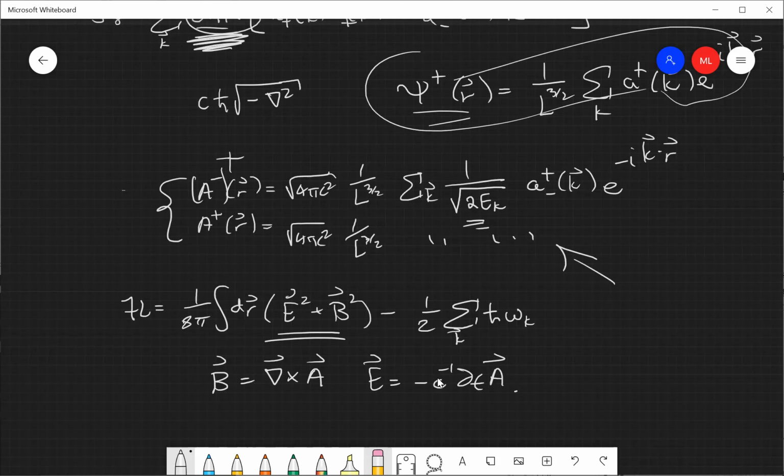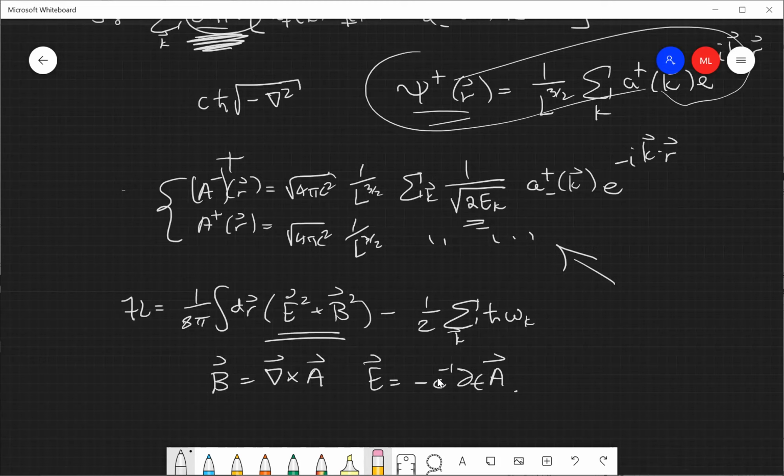So the electromagnetic energy comes in, except now it's not like the classical one. E and B are not classical fields, but they're derivatives of the vector potential. And the vector potential is a linear combination of creation or rather annihilation operators for the photon.